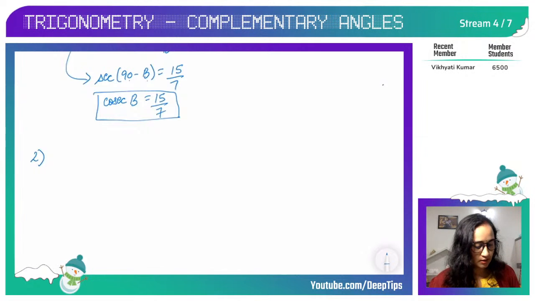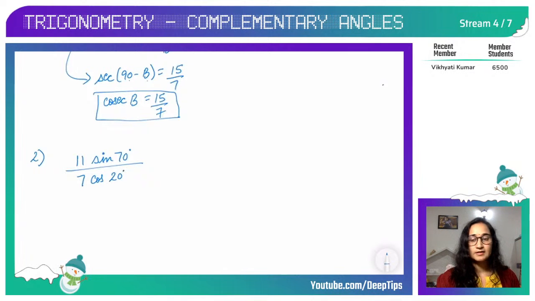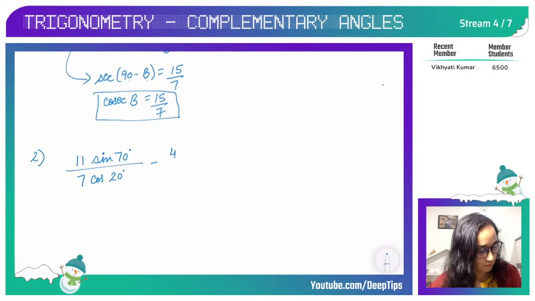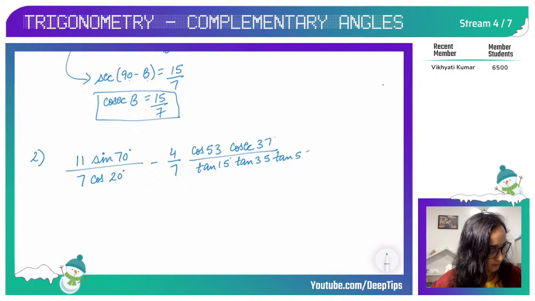The question is 11 sine 70 degrees upon 7 cos 20 degrees, minus 4 by 7 cos 53 degrees cosecant 37 degrees upon tan 15 tan 35 tan 55 degrees and tan 75 degrees.